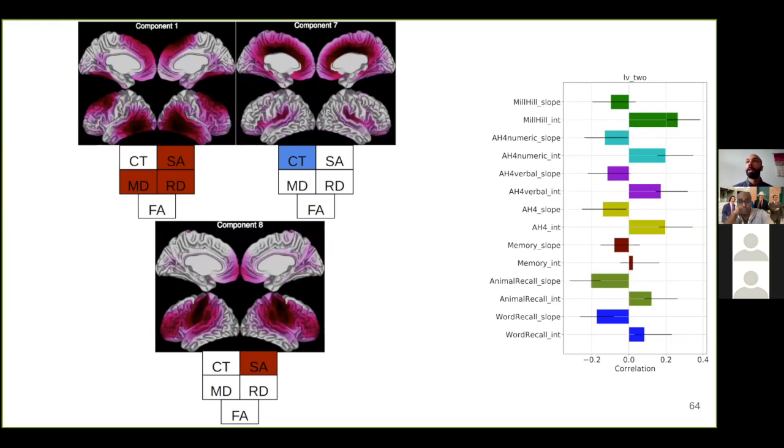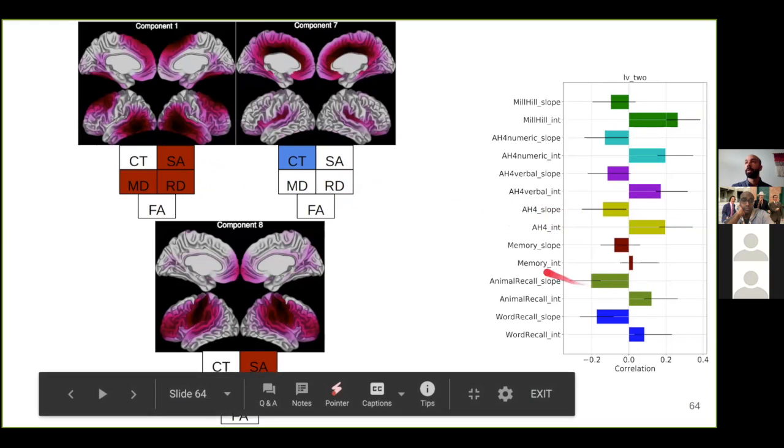And here are the NMF weightings which contributed to this latent variable. Component 1 and the diffusivities come up again, similar to component 7, decreased thickness. So regardless of LV1 or LV2 and the relationship between intercept and slope, these are two features which seem common to decline, or a steeper decline.